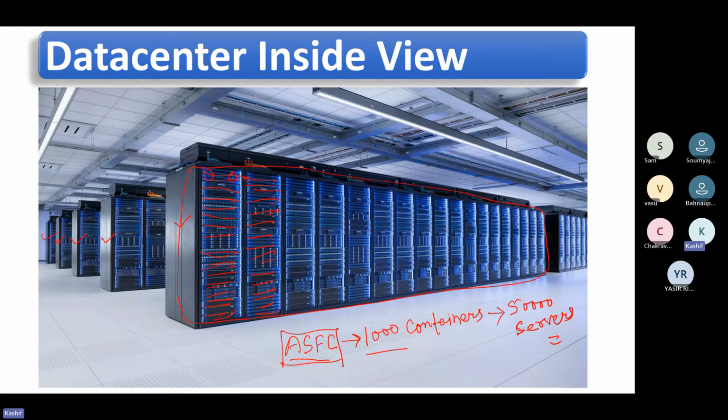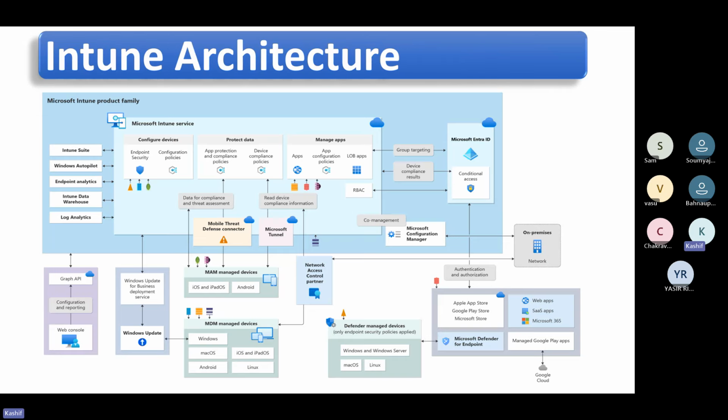Now let me show you the actual diagram of Intune, how Microsoft has designed it. When you create your Intune account, you get a web console. From this web console, you do configuration and reporting. Your information goes to Graph API.